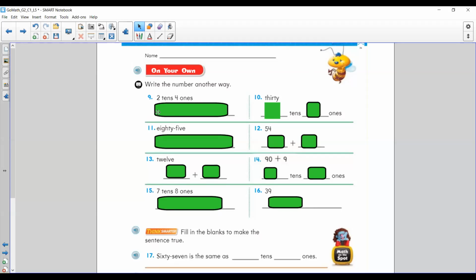So you could just write the number that that represents, which would be 24, or you could write 20 plus 4, or you could write the number 24 in words. Okay, and so you can pause the video right now and do your work and then come back and correct.